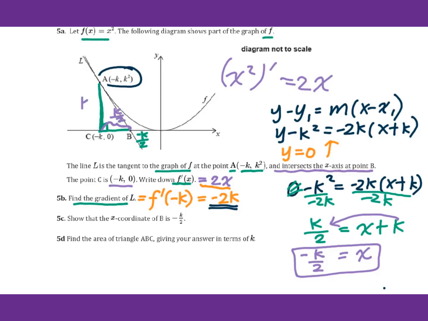The height is k squared. Therefore, your area equals 1/2 base, that is k over 2, times the height, k squared. You will get k to the third power over 4.